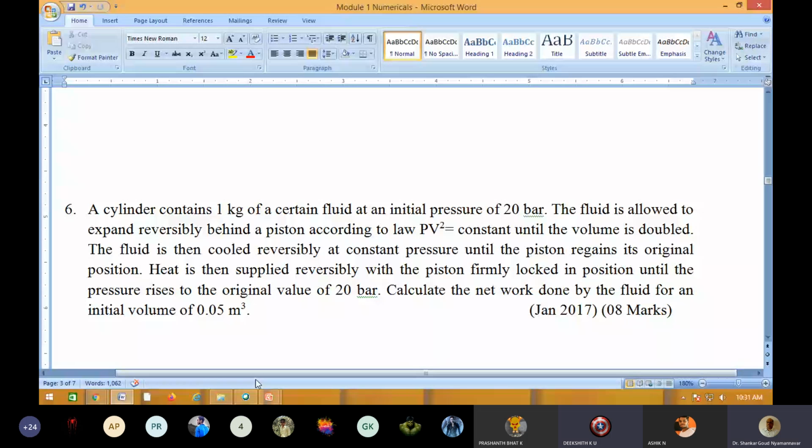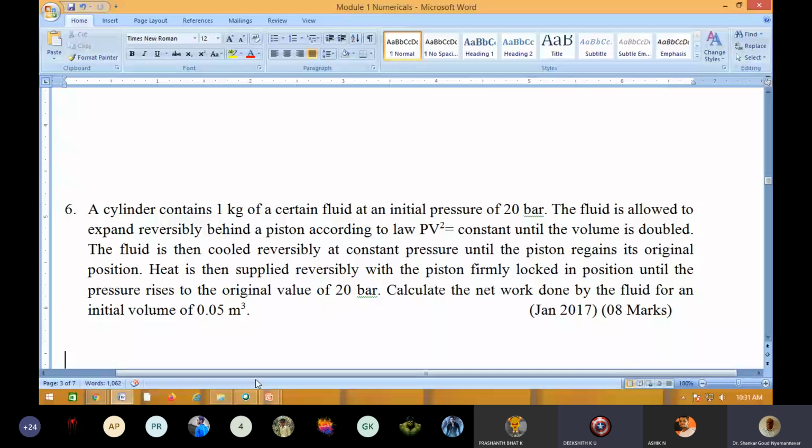Pressure is constant means what? The line is parallel to the x-axis, the volume axis, since pressure does not change.